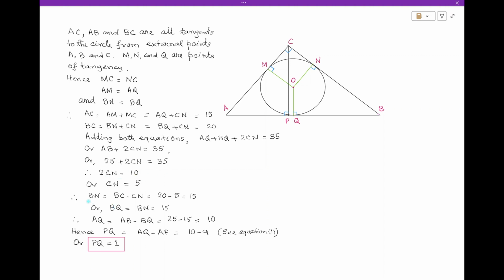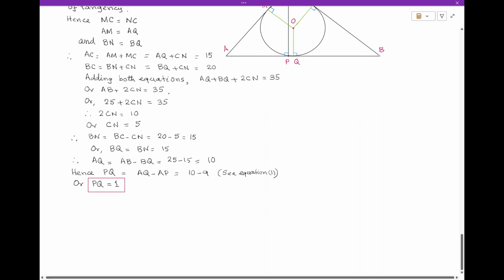Now BN is equal to BC minus CN, that is the big distance BC minus this small distance CN, which is 20 minus 5, that is 15.